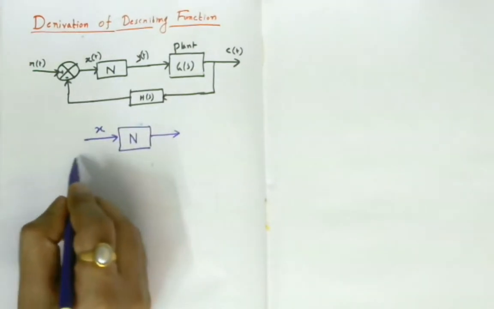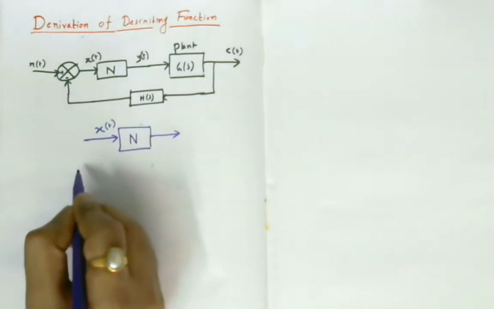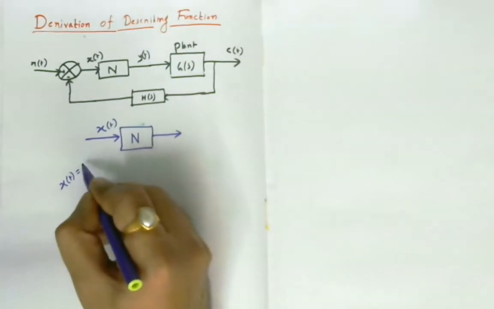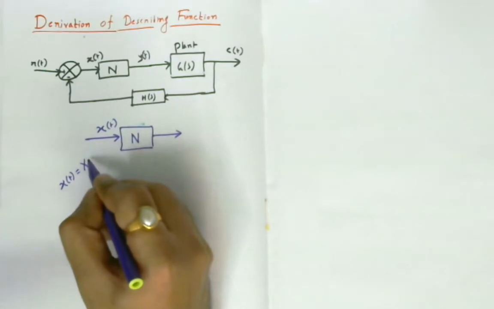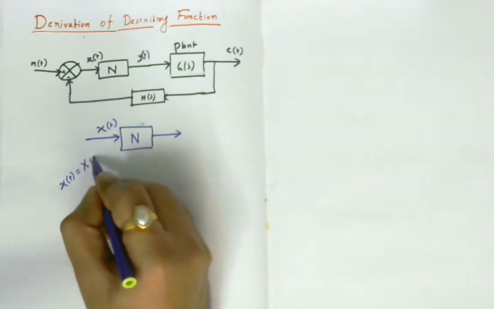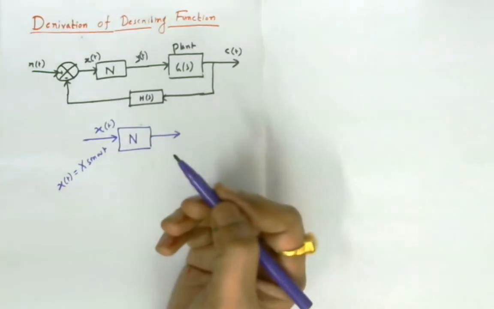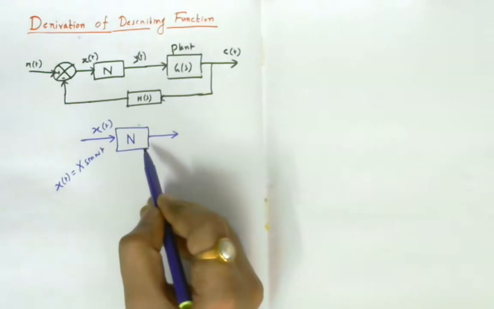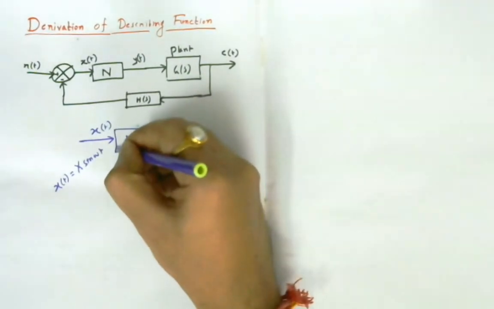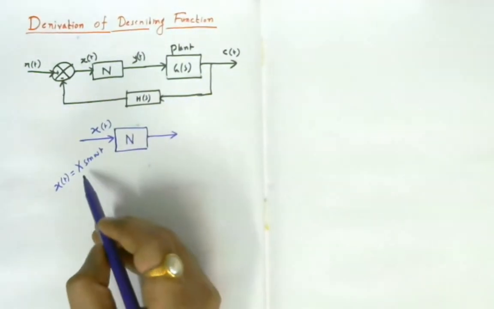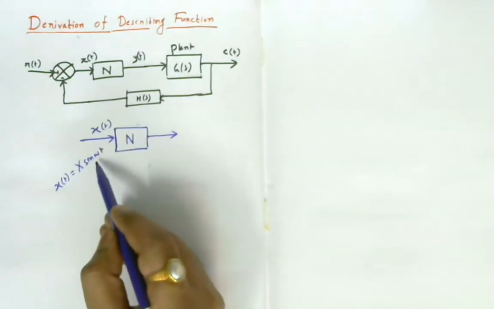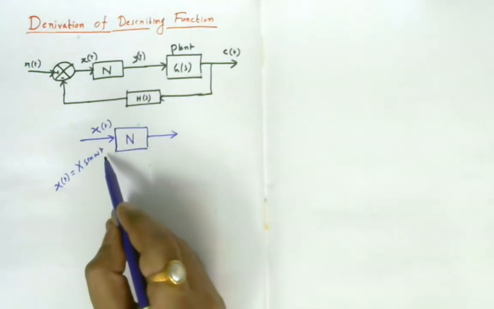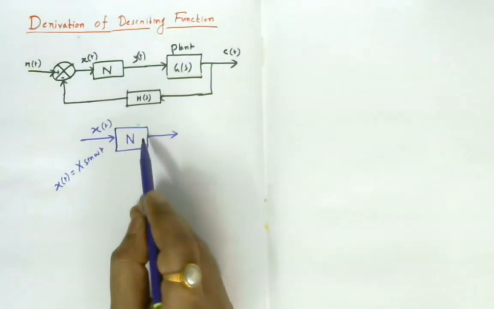I am applying a sinusoidal input with amplitude capital X and frequency omega to the nonlinear element. What will be the output of the nonlinear element? Input is x(t), which is sinusoidal in nature, having amplitude X and frequency omega. Now what is your expectation from the nonlinear block?